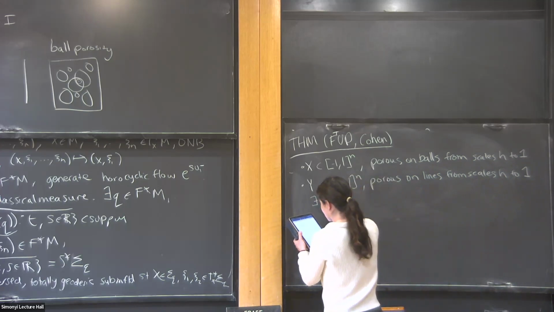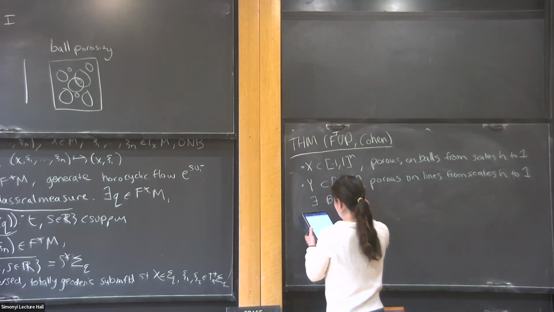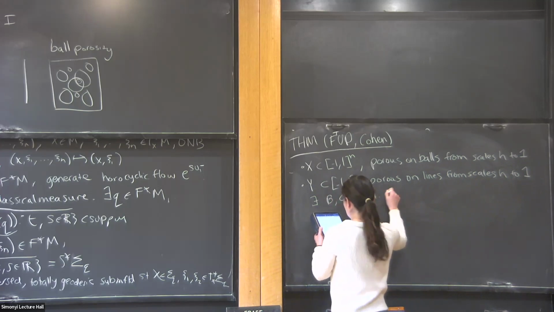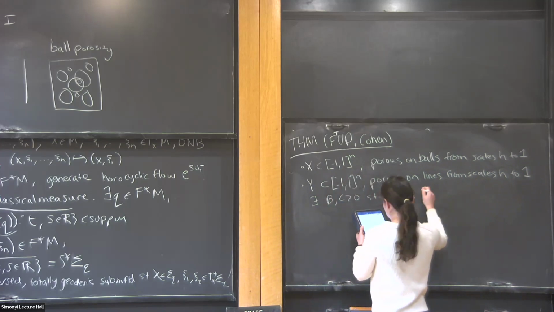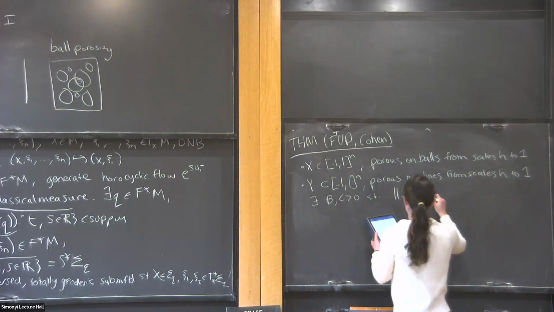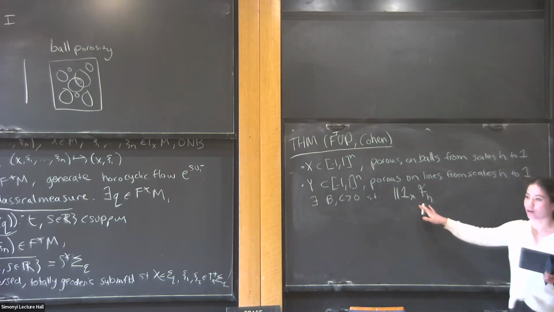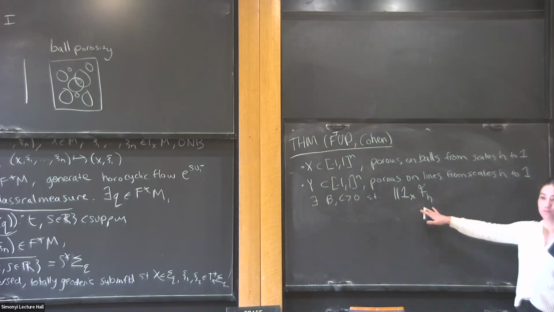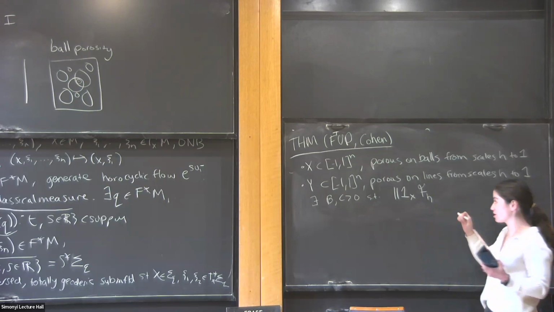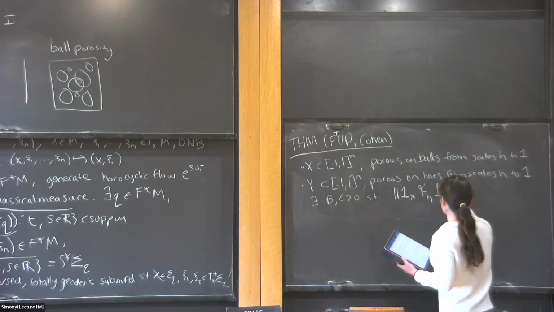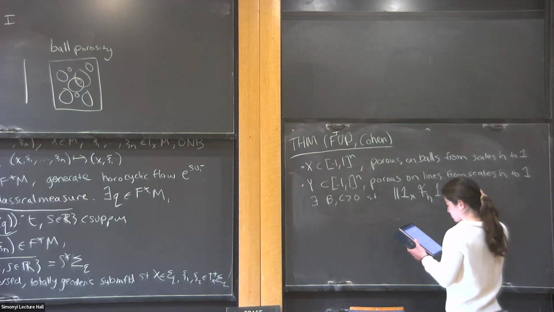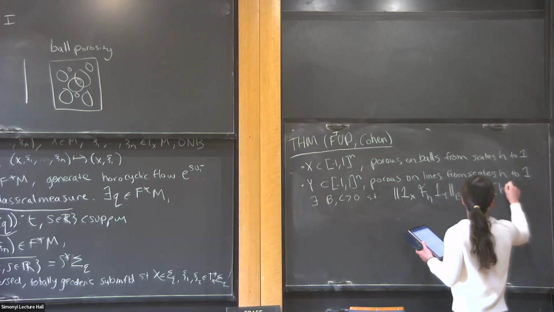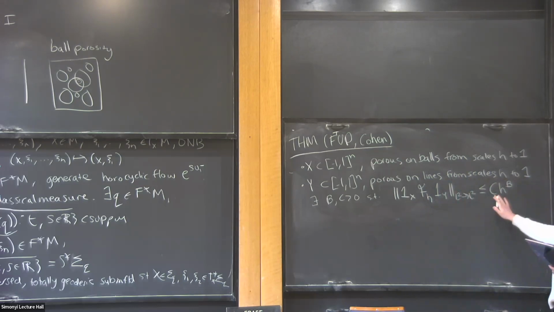There exist some beta and c greater than 0, such that if we take the indicator function of X, the semiclassical Fourier transform, which if you're unfamiliar with this, is just the standard Fourier transform but rescaled by our semiclassical parameter, the indicator function of Y, and we look at the L2 to L2 norm of this, it is bounded by c h to the beta. So in the semiclassical limit, this will decay to 0.